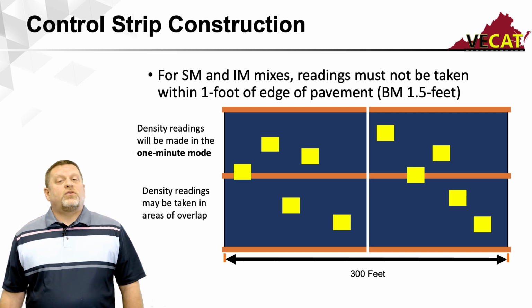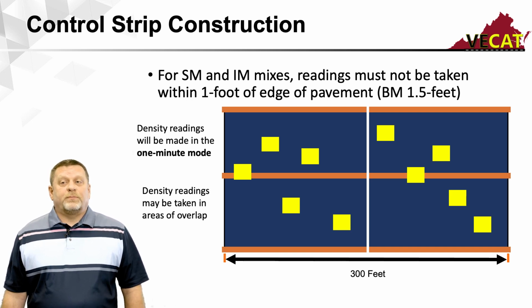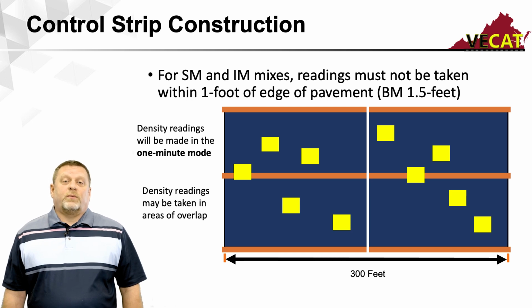So if you do have a random number that happens to fall in this overlap for your control strip, you do take the reading at that location. We don't exclude it like we did in the roller pattern. So it is possible to have some test sites be in that 6-inch overlap area if that's where your random numbers happen to fall.